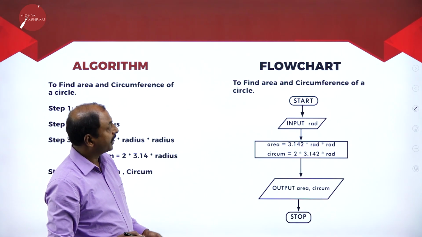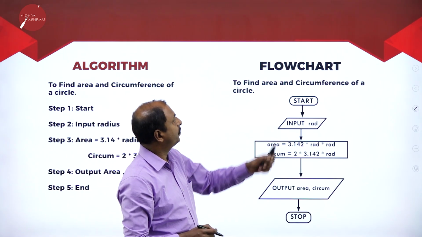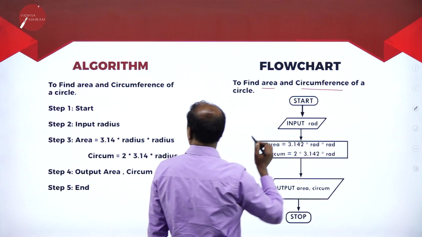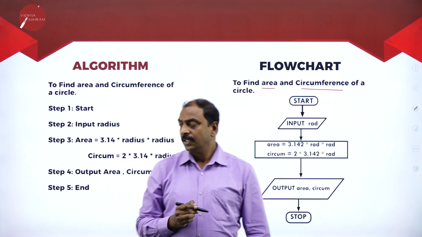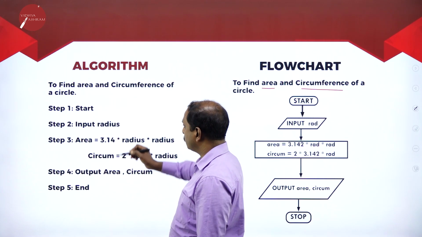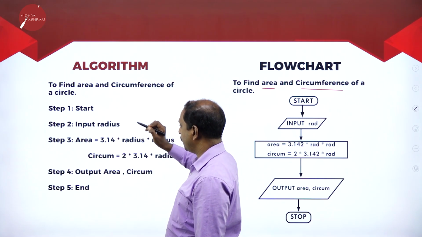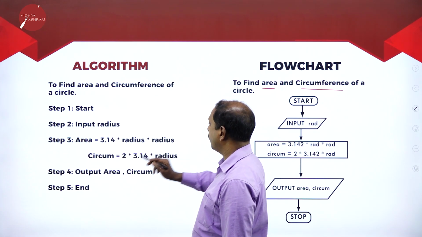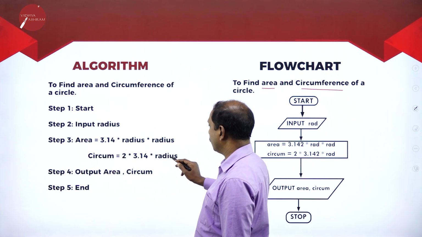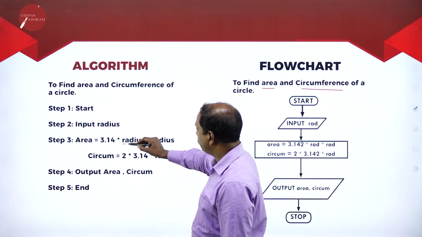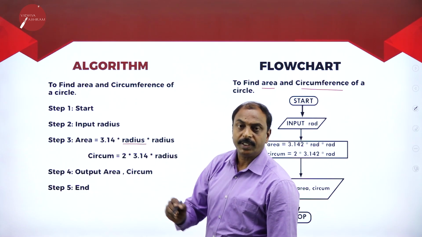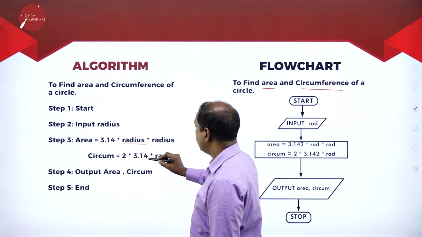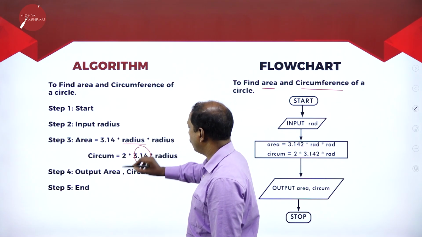Now let us move on to the next example. It is a flow chart to find the area and circumference of a circle. Here, the algorithm starts and we input the radius. Now we know the formula: area equals pi r squared and circumference equals 2 pi r. As per the formula, we are supposed to enter the value of radius, and pi is a constant, 3.14.